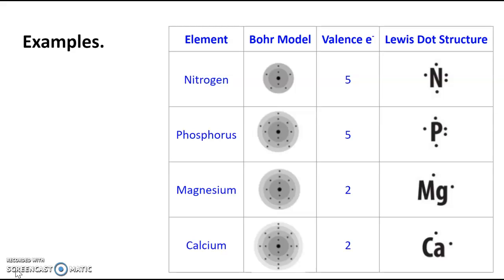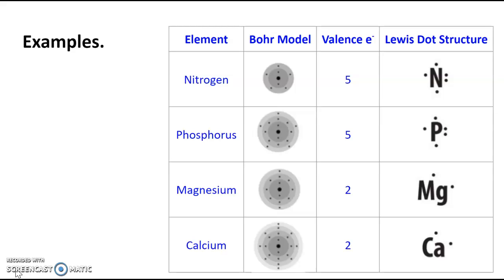So for nitrogen, there's 5 little dots in the furthest gray ring. So it has 5 valence electrons. So it needs to have 5 valence electrons on its Lewis dot structure as well. So I put the atomic symbol in for nitrogen in the middle, and then I just draw 5 dots around it. If you wanted to, you could draw 2 paired together and 1 by itself.